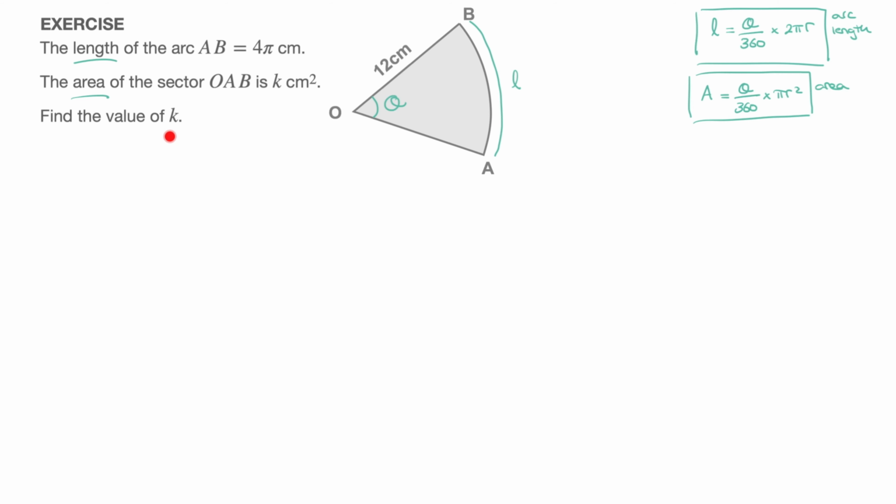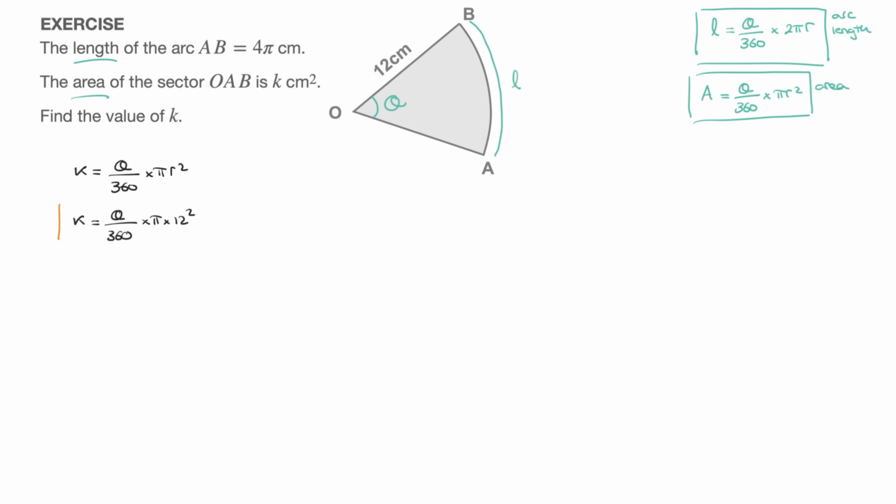That's what we're trying to find. In other words, k equals theta over 360 times pi r squared. Replacing r by the radius, which is 12, this turns into k equals theta over 360 times pi times 12 squared.